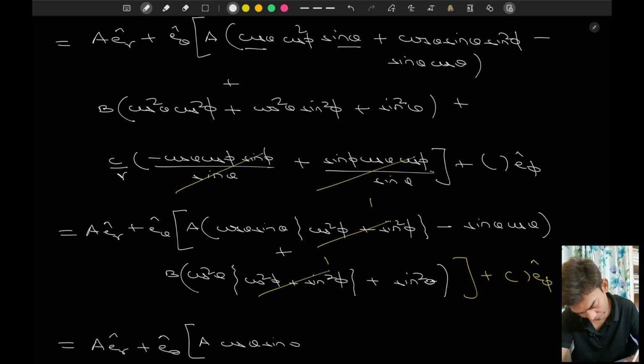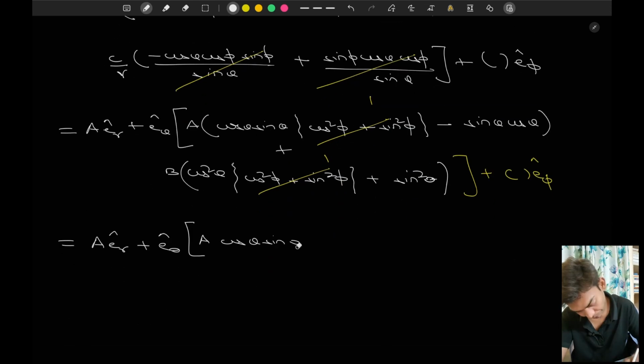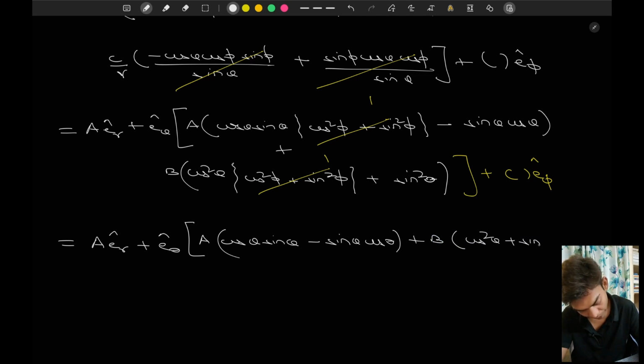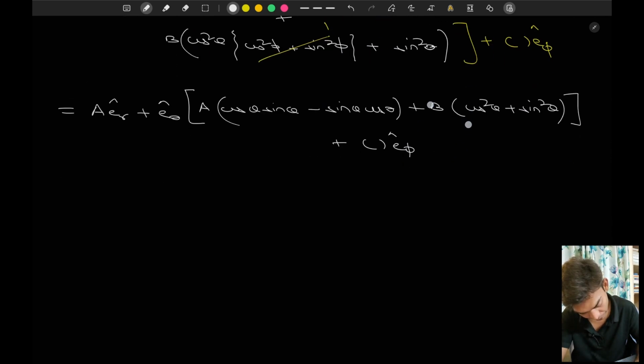Yeah, this is theta cos theta, and minus sine theta cos theta plus b, we have cos square theta plus sine square theta plus something's e phi.